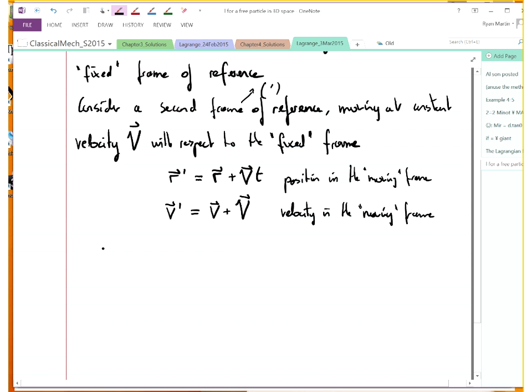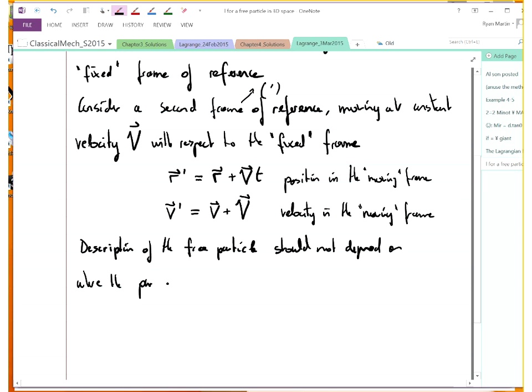If this is a free particle, it should absolutely not depend on where in space it is. So the description of the particle, I'll emphasize the free particle, should not depend on where the particle is.